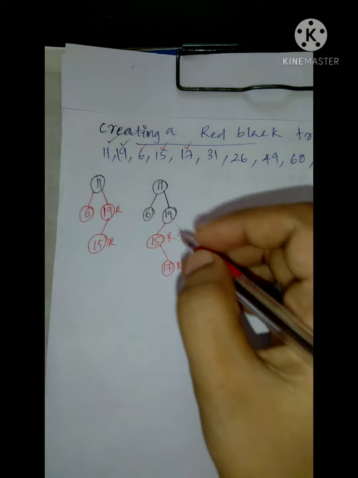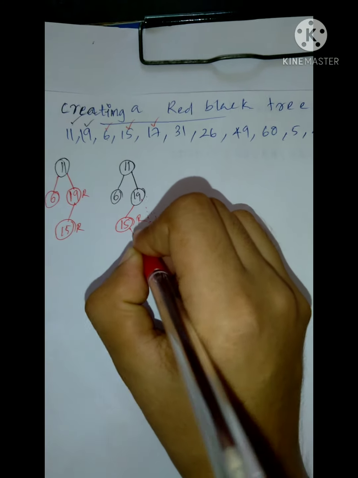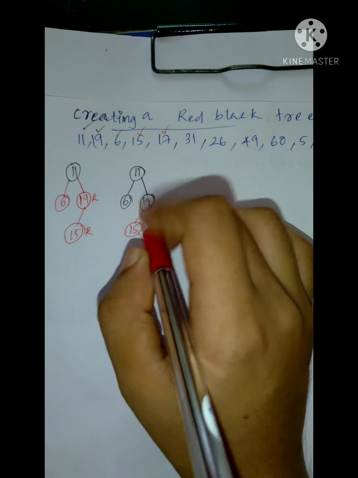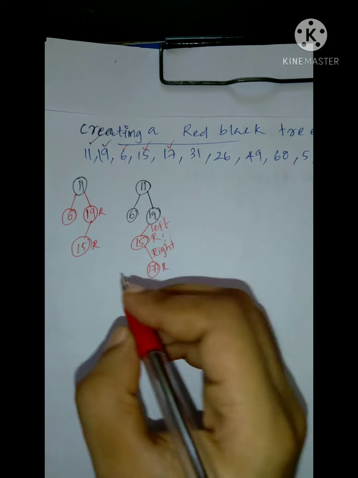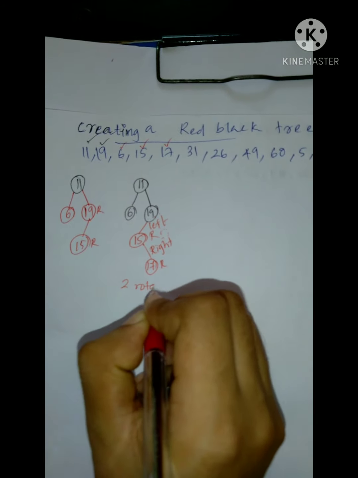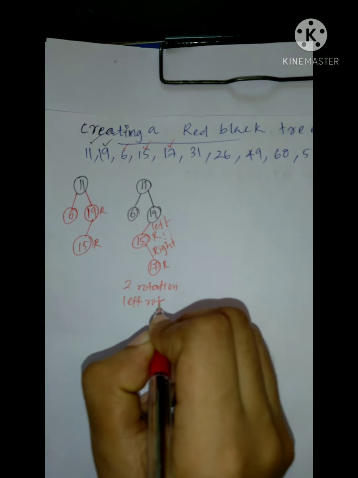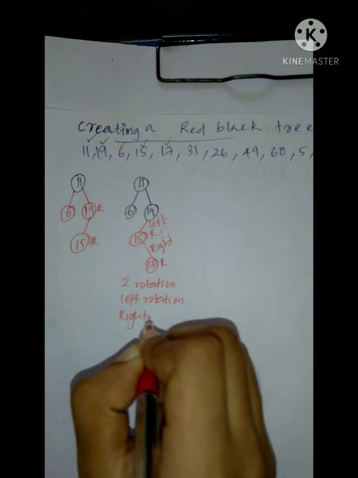Here we want to rotate this. 17 is the right of 15 and 15 is the left of 19. So there are two rotations. First is a left rotation and second is a right rotation.